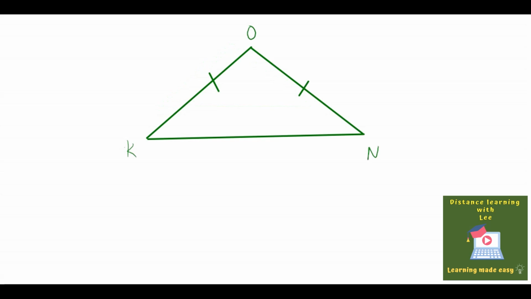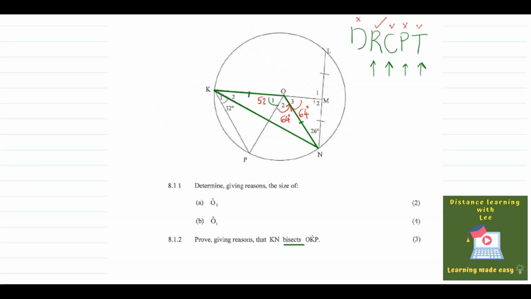So I'm just going to redraw the triangle for you guys quickly so that you see what is happening. Okay, we said that our triangle OKN is an isosceles triangle. And guys, since we've already said that it's an isosceles triangle and I explained why it's an isosceles triangle, that angle there, our O1 plus our O2, is equal to what?